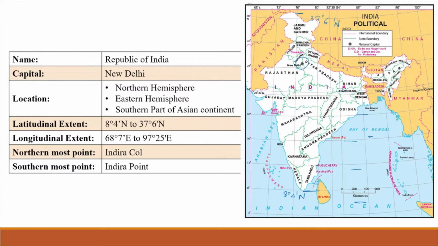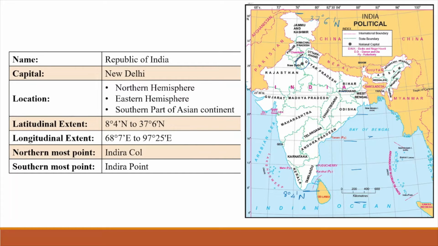Why north? Because it lies in the northern hemisphere. So the latitudinal extent ranges from 8 degree all the way up to 37 degree. Between these latitudes India lies. This we got as the northern hemisphere.